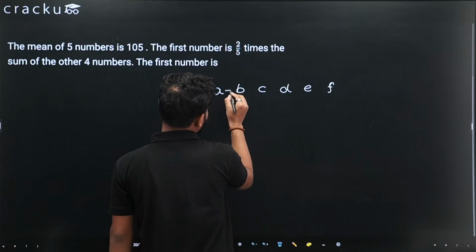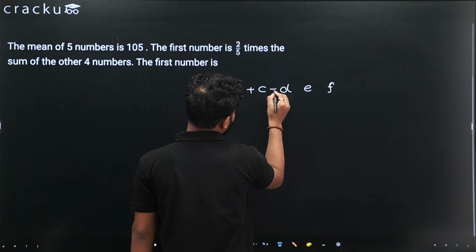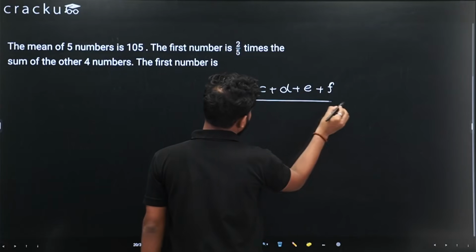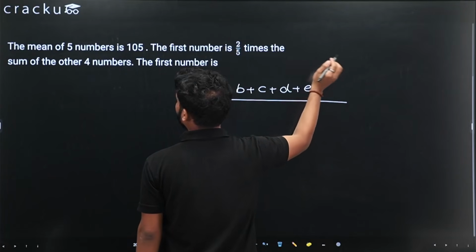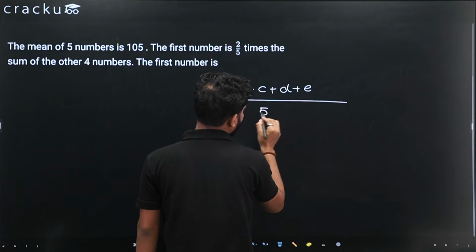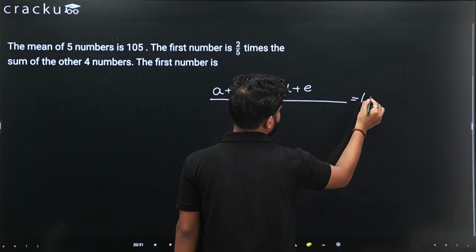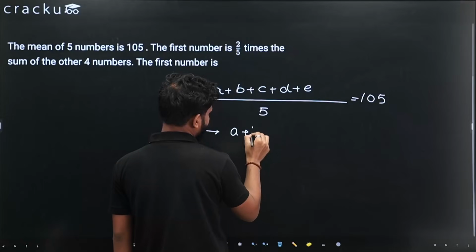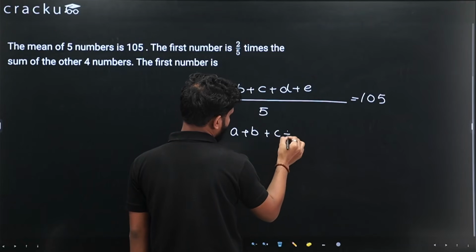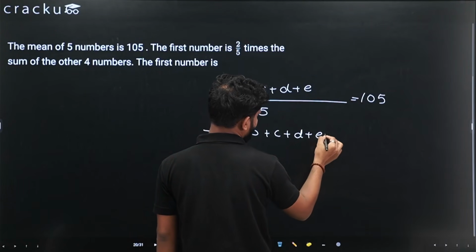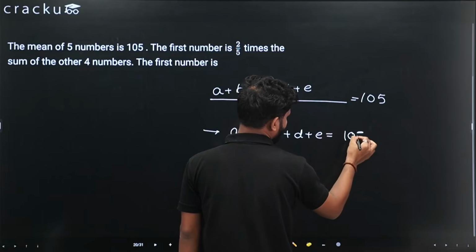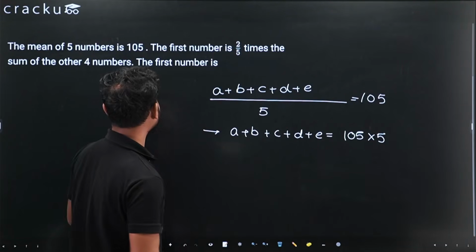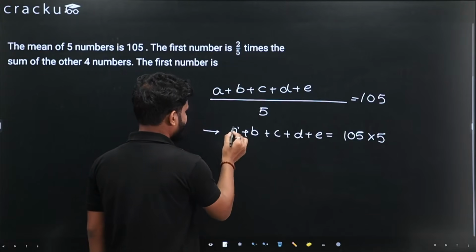So I can say A plus B plus C plus D plus E divided by 5 is equal to 105, right? So A plus B plus C plus D plus E is 105 into 5.